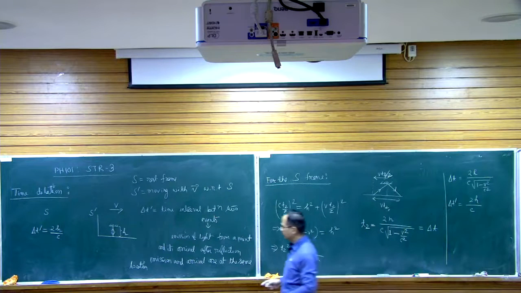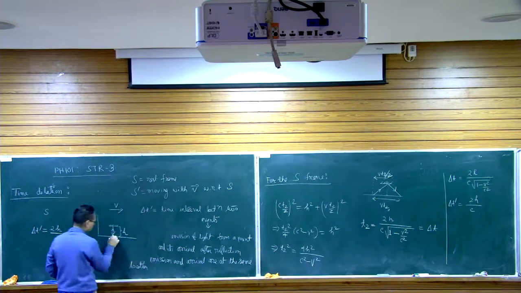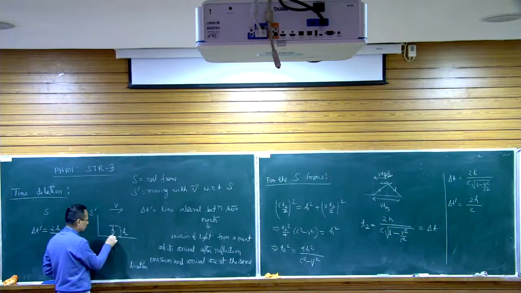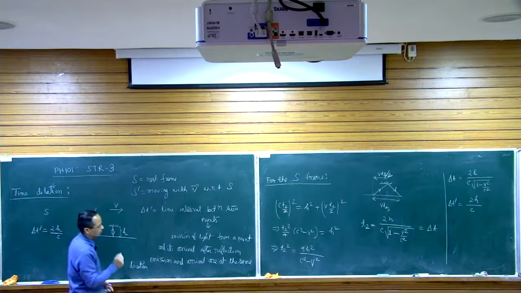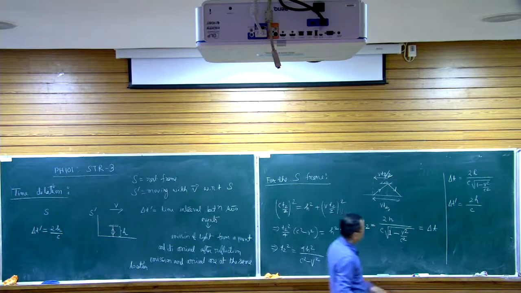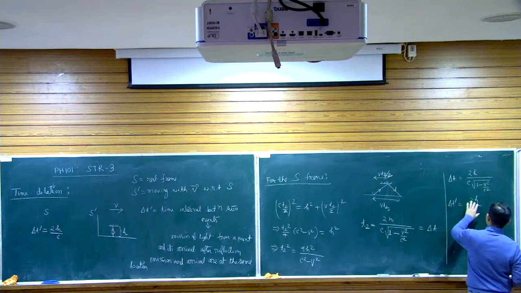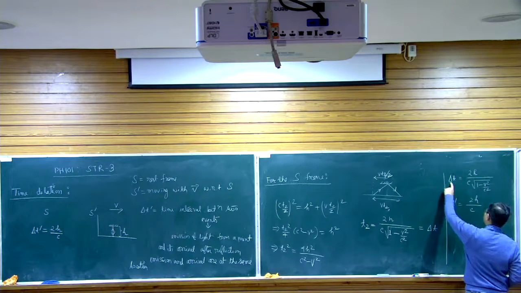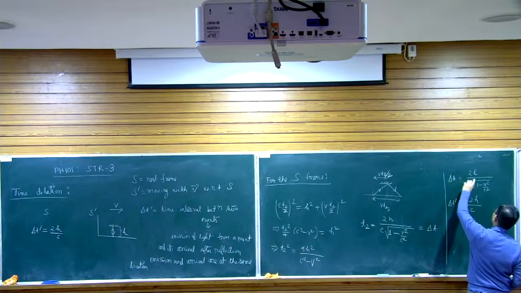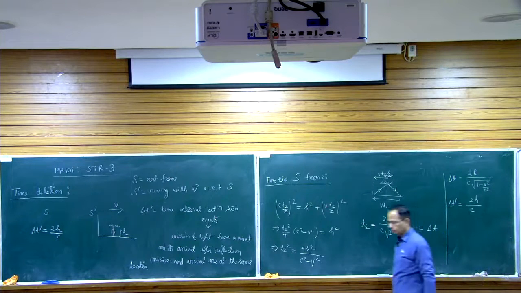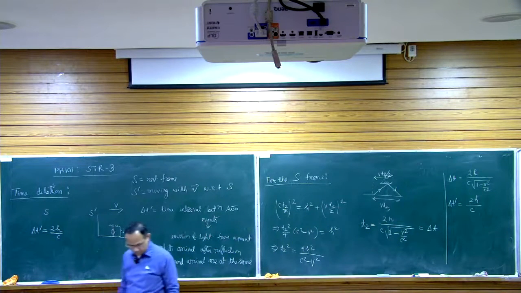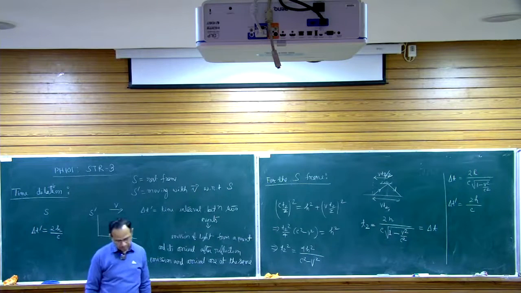Remember, the event is nothing but the switching on of a laser which is starting from the floor, and the arrival. The time interval between the switching on of a light pulse and the arrival of the light pulse. So considering that in the S prime frame it is 2h by c, but in the S frame the same interval is found to be 2h by c into 1 upon square root 1 minus v square by c square. So the most important point here is that the two time intervals are not the same.